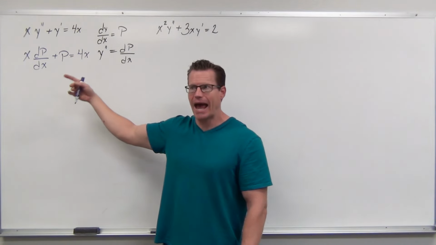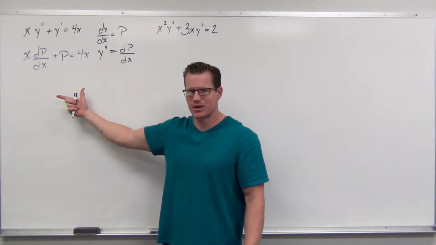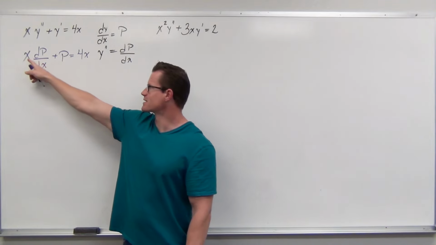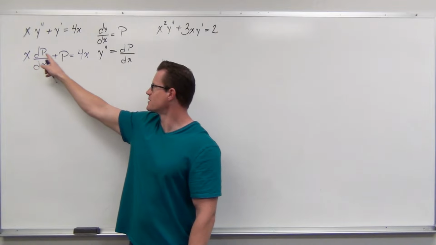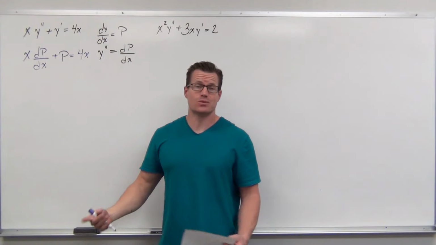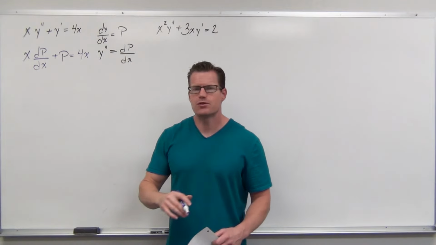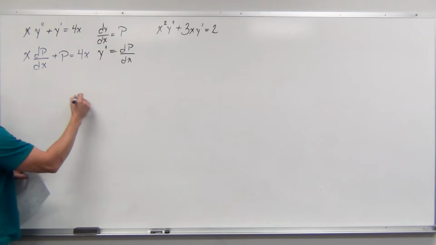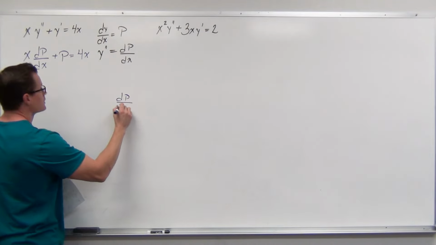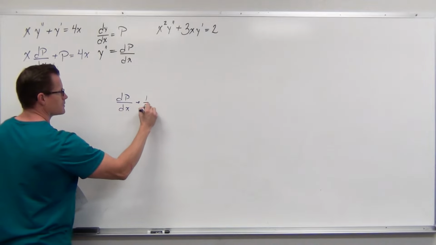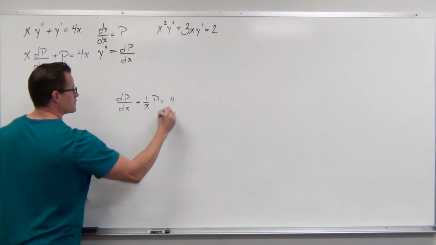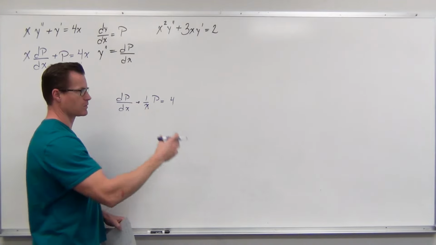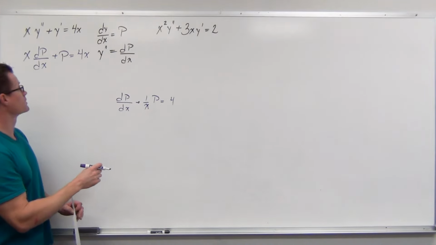This right here is actually the result of a product rule already. Look at that. The derivative of p with respect to x, leave the x alone. The derivative of x is 1, leave the p alone. That's the result of a product rule. So even if you want, I'll show it to you. If you wanted to go through and divide everything by x, of course, x would have to be not 0, or you could assume it's positive where convenient.